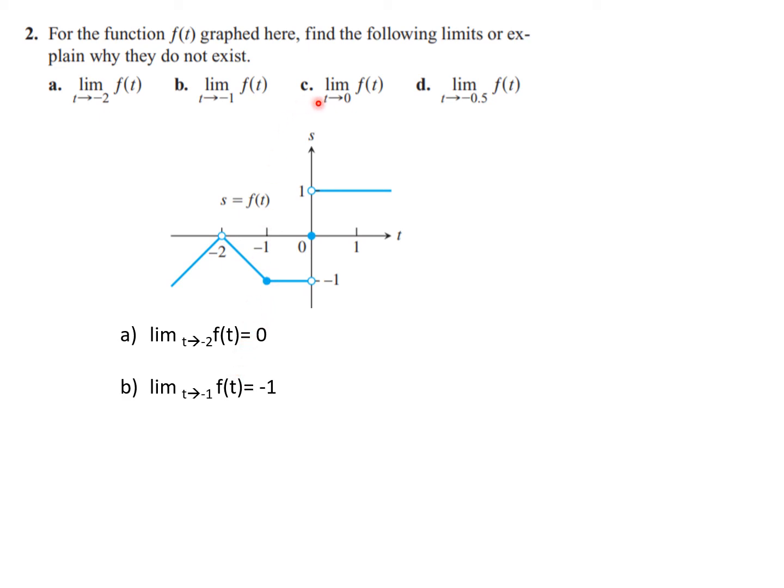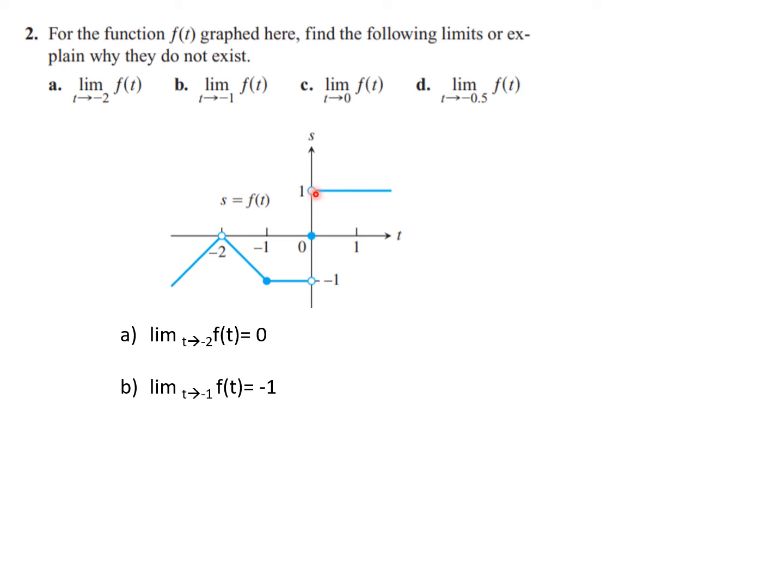Part C, we want the limit of f of t as t approaches 0. We can approach 0 from the left and from the right. If we approach 0 from the left, the limit will be equal to negative 1. If we approach 0 from the right, then the limit will be positive 1.